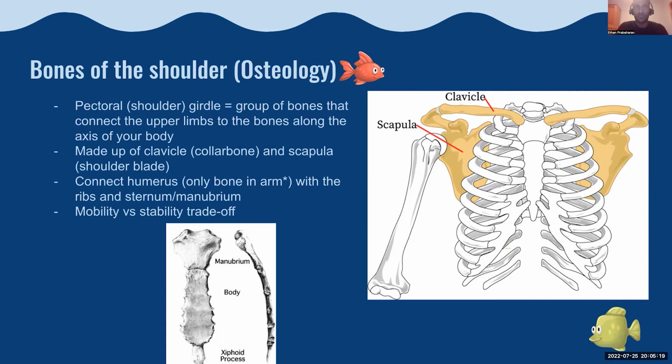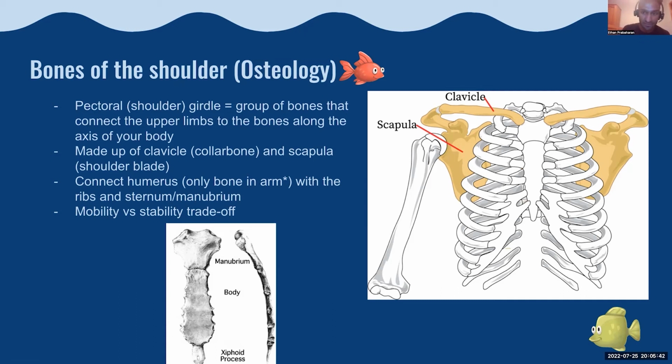And because they're very mobile, the structures can be less stable, right? So you often will dislocate your shoulder a lot more than you might dislocate your hip. And while these structures try and maintain a sense of stability, anything that's more mobile will be less stable, and vice versa. Anything that's more stable will be more mobile.